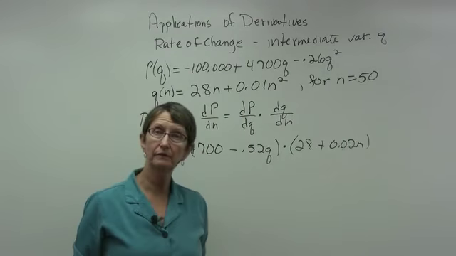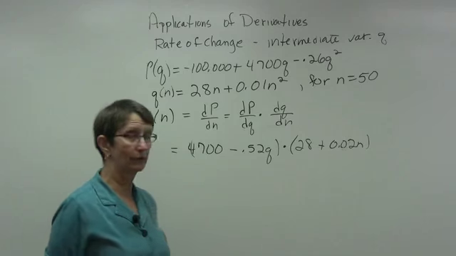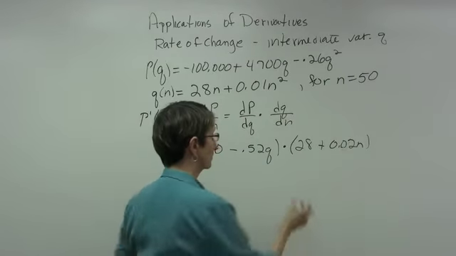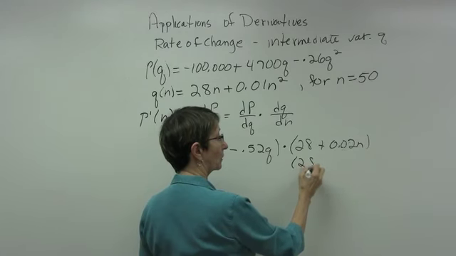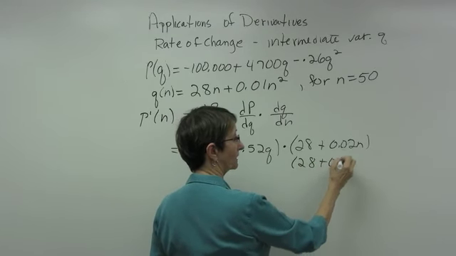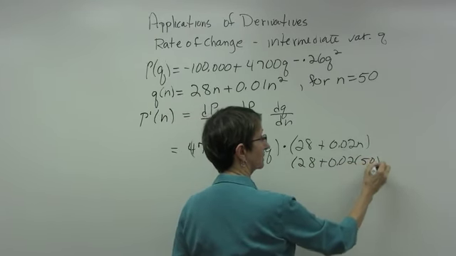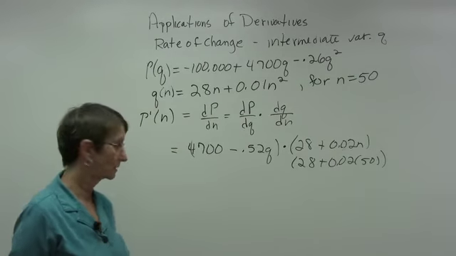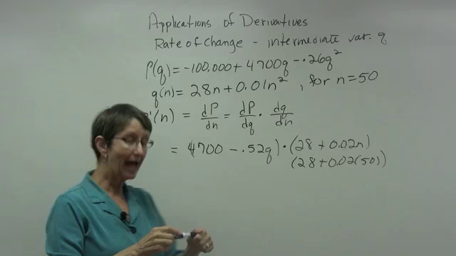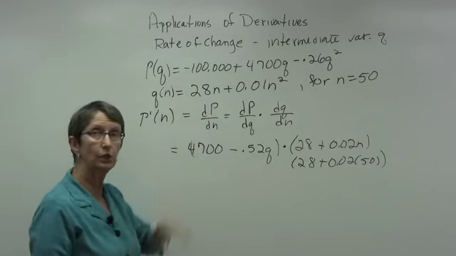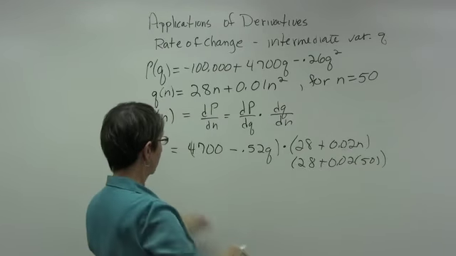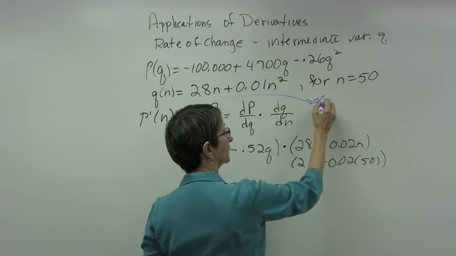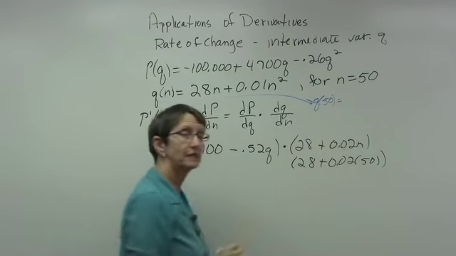So I've taken the derivative, and I need to know what this is when N is equal to 50. I have an N here, so I could figure out 28 plus 0.02 times 50. But here, I don't have N, I have Q. But I have a relationship between N and Q. So let's go back up and find out what Q is when N is 50.